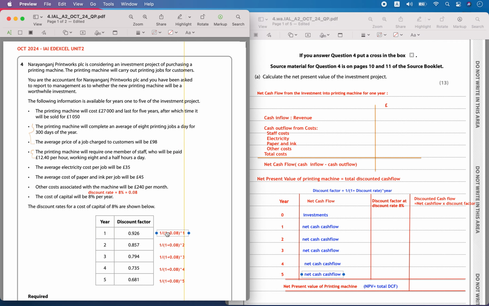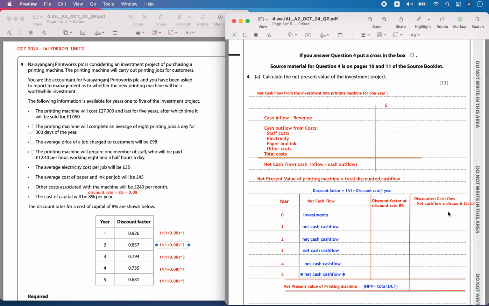The investment is going to get me some money and revenue, and the discount rate is going to be accounted for. So I will have a discounted cash flow, which means this is not an actual cash flow.